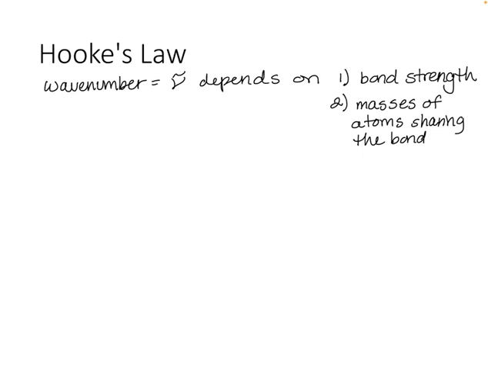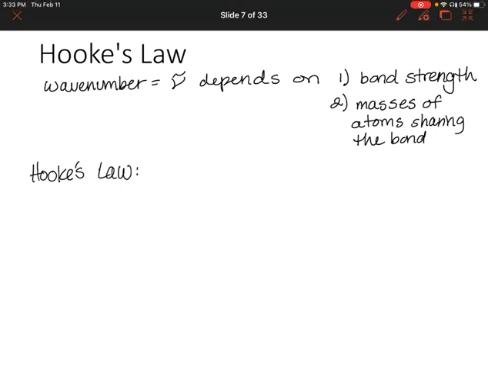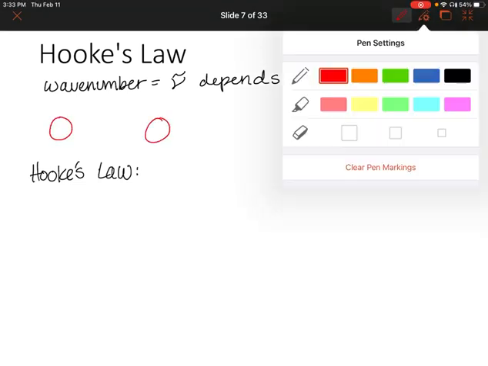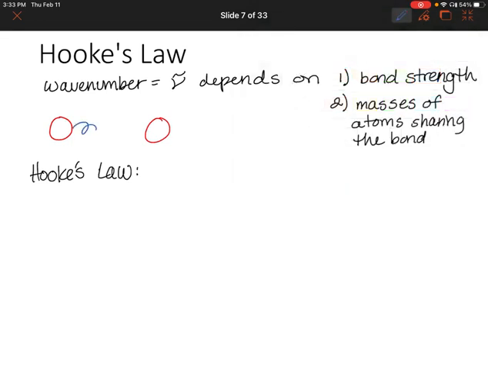Okay, so Hooke's law tells us that if we have two atoms connected to each other, the wave number is equal to 1 over 2 pi times the speed of light.